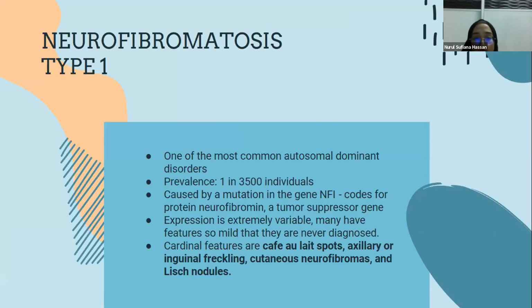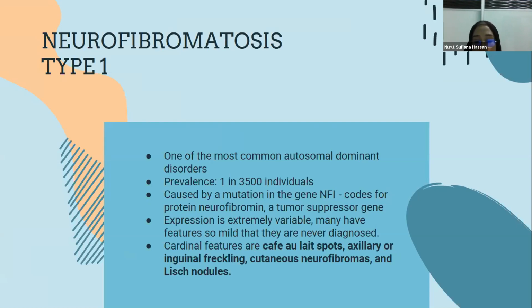Next is neurofibromatosis type 1. It is one of the most common autosomal dominant disorders. It is caused by a mutation in the gene NF1, which codes for the protein neurofibromin, which is also a tumor suppressor gene.